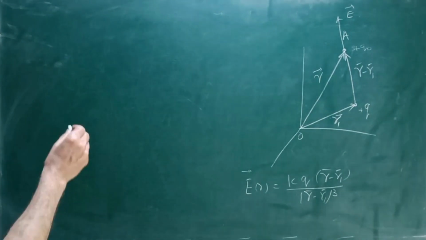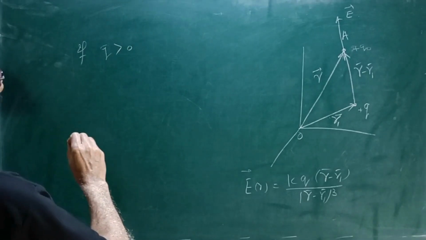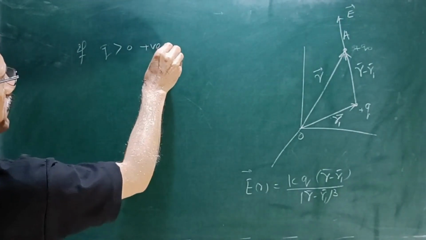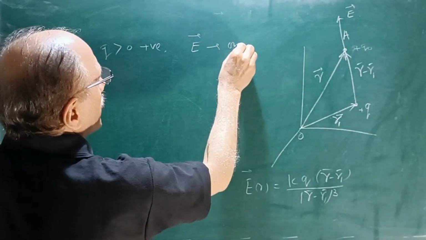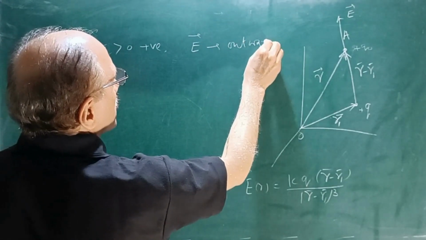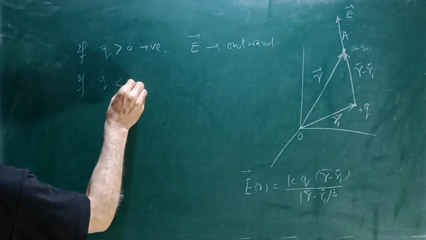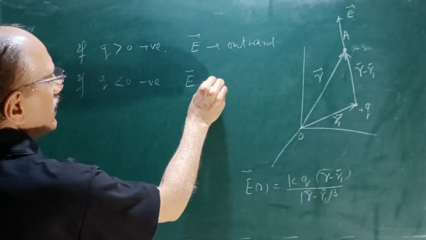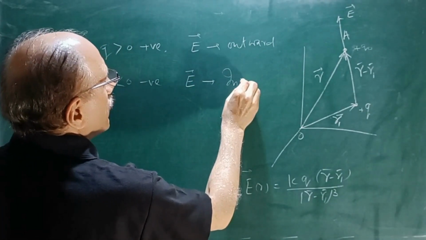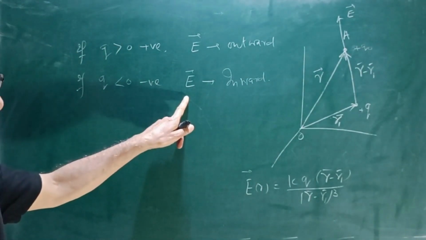So the direction of the electric field, if Q is greater than 0, that means positive, the electric field intensity will be outward, and if Q is less than 0, that means negative, then the electric field intensity will be inward.